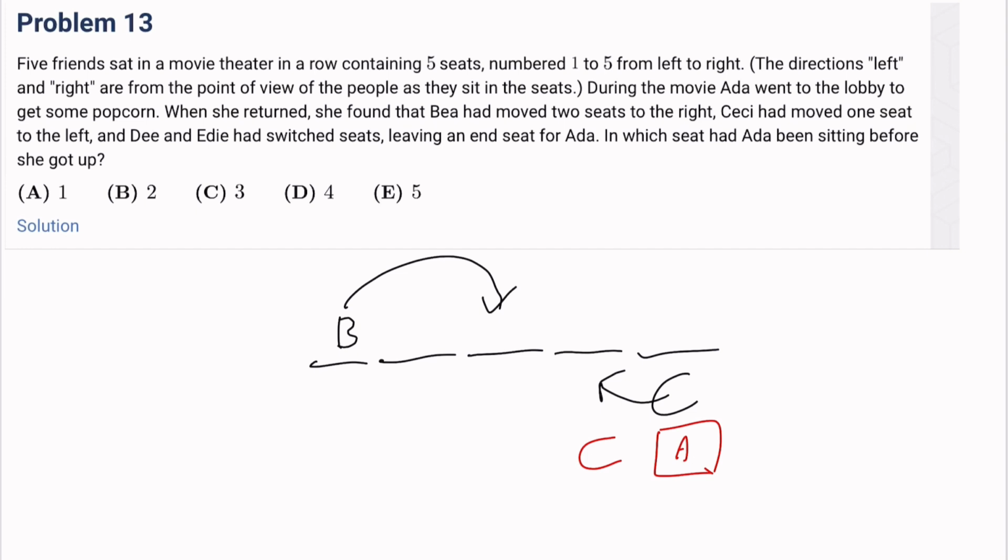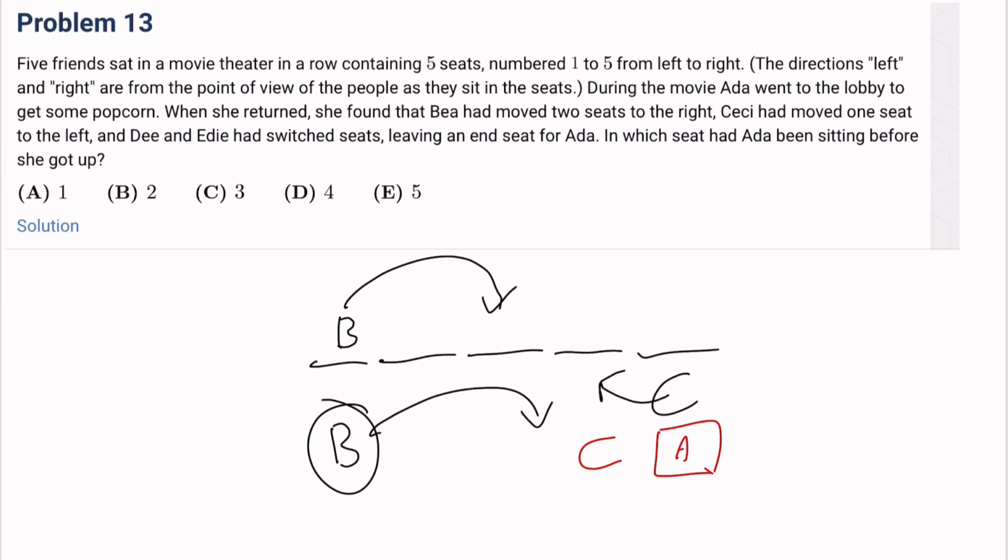B would have to move 2 seats to the right, and if B was here, that shouldn't be possible because this is C's seat, and therefore B can only be here, right? But then this leftmost end seat is also being left for Ada, right?